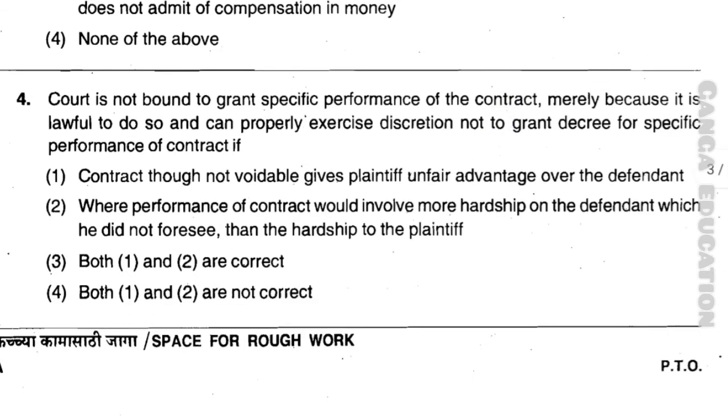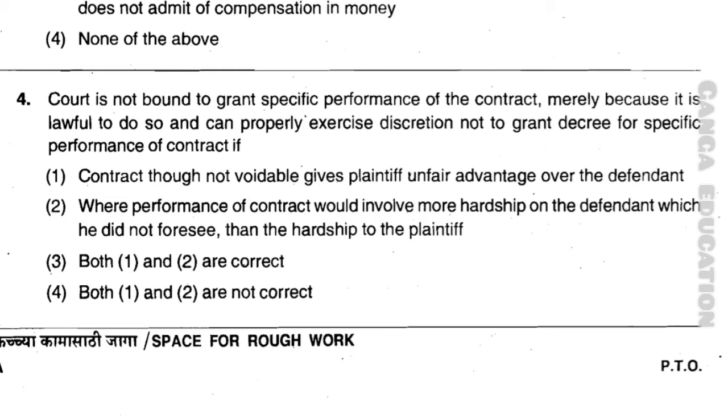Now question number 4. Court is not bound to grant specific performance of the contract merely because it is lawful to do so, and can properly exercise discretion not to grant a decree for specific performance of contract if: option number 1, contract though not voidable gives plaintiff unfair advantage over the defendant.